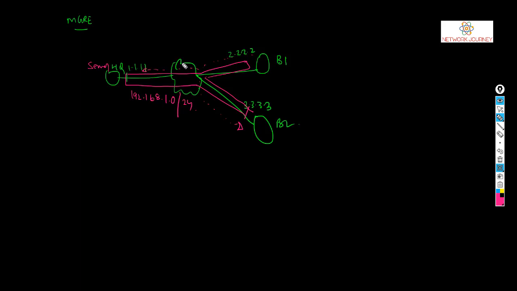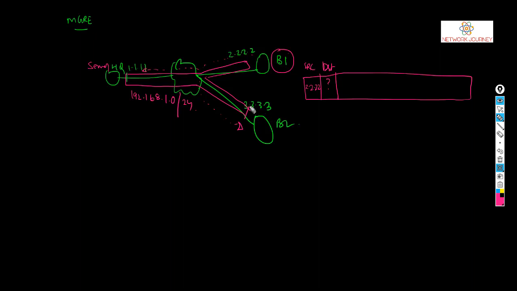But from a general point of view, what would the packet structure be? The packet structure from B1 to B2 would look something like this. The source header would be 2.2.2.2. The destination is unknown because spoke 1 doesn't know the destination public IP. Then you add your GRE encapsulation.